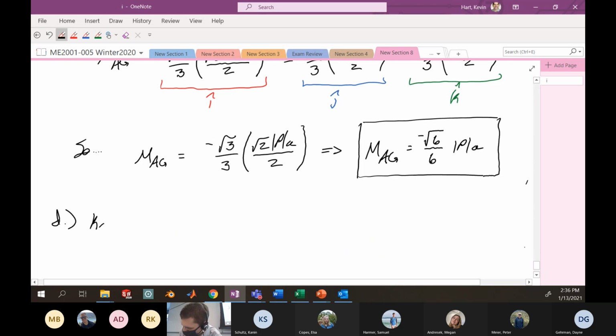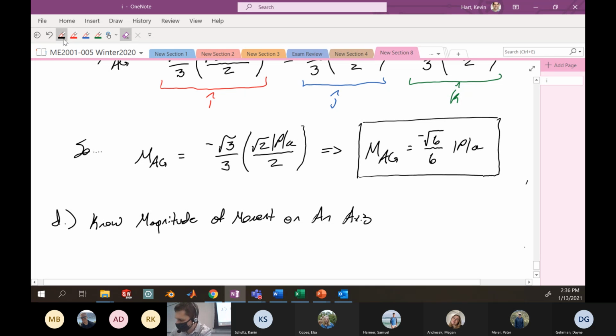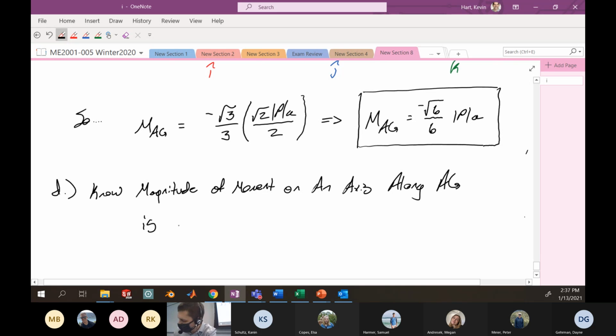So we know the magnitude of moment on an axis along AG is root 6 on 6 magnitude of P times A. All right.